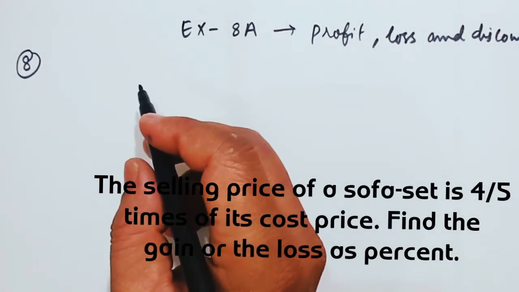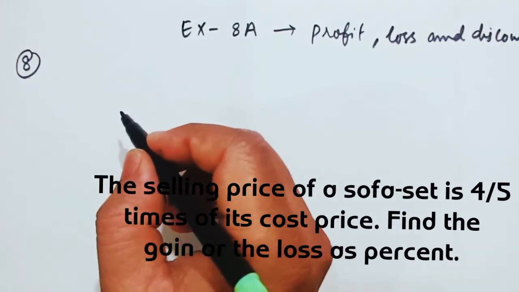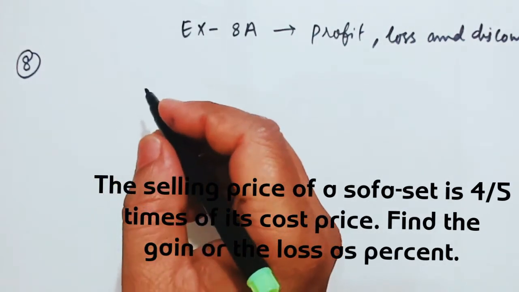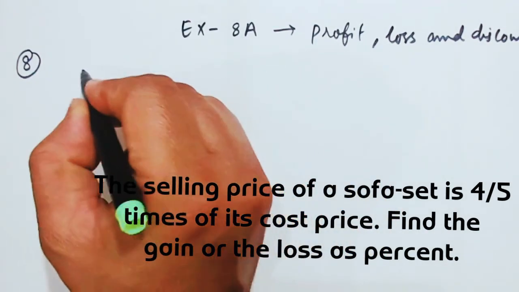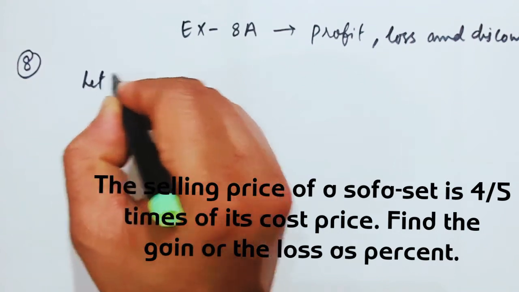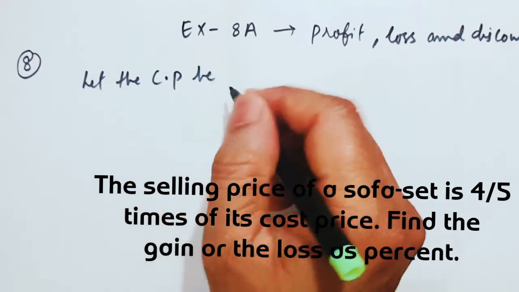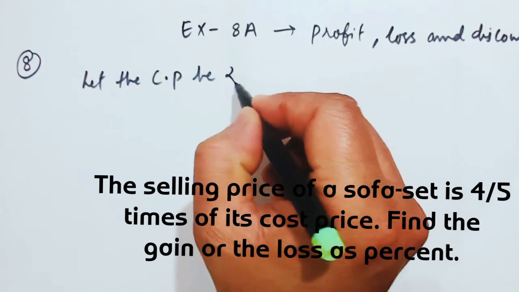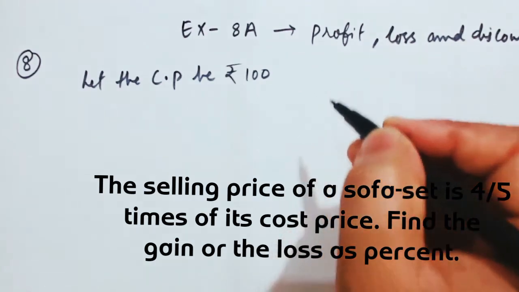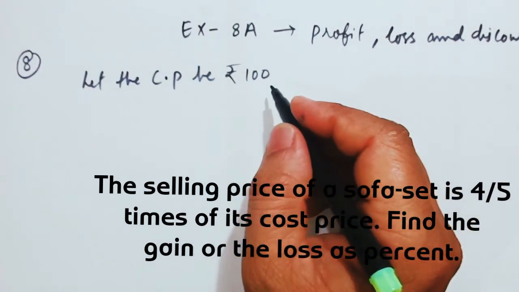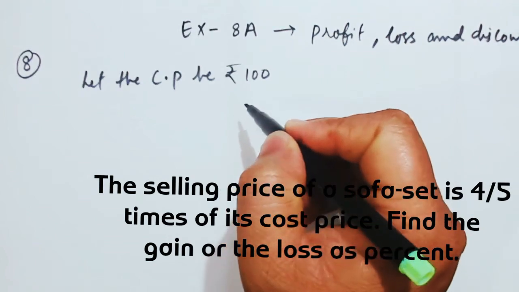So the selling price of the sofa set is 4 by 5 times of its cost price, and they have not given the cost price. However, let the cost price be rupees 100. I could have taken x also, but here you can take 100. That will really make your sum easier.